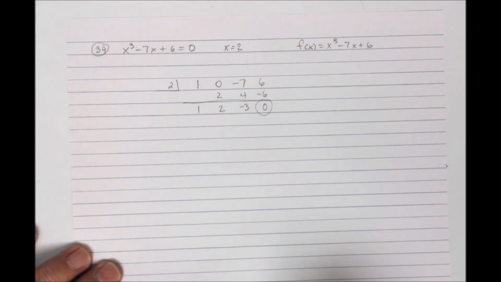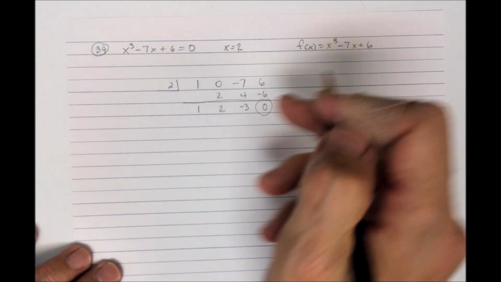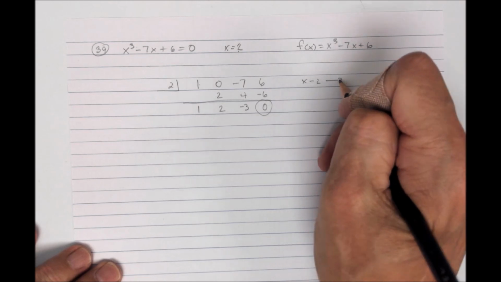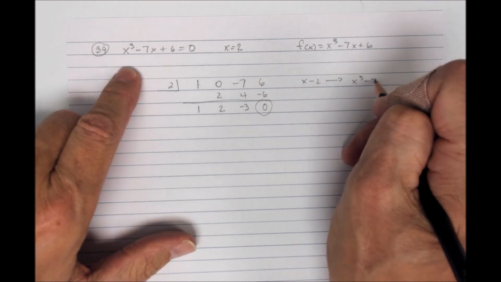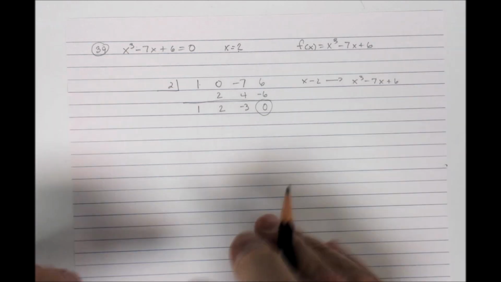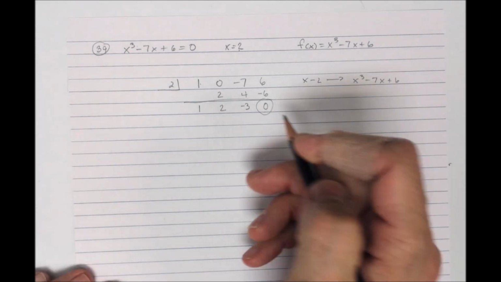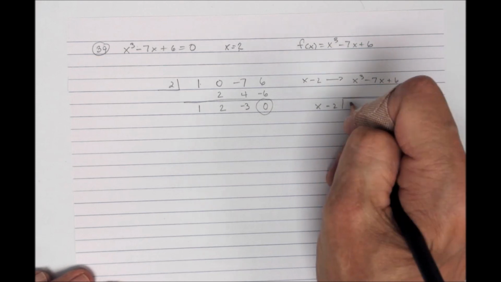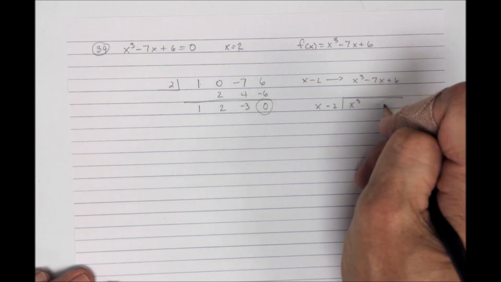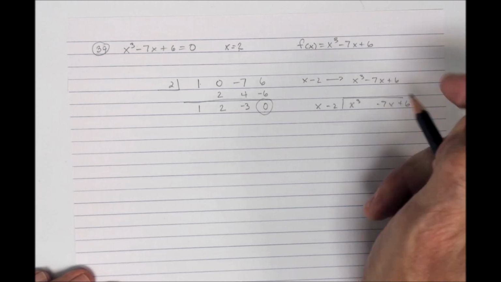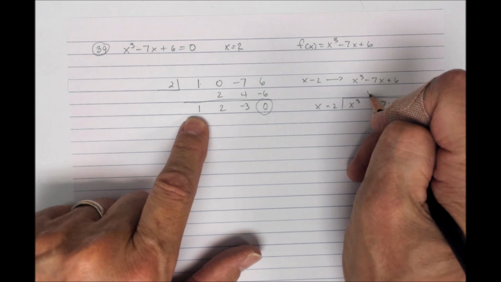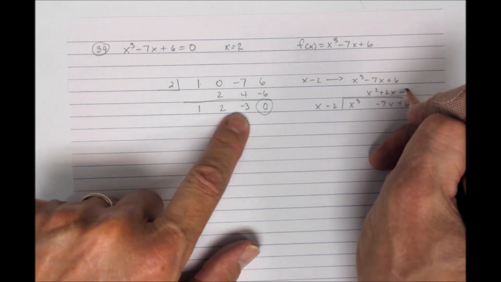Notice that my remainder is 0. What that means is that x minus 2 divides into x to the third minus 7x plus 6 evenly, because the remainder is 0. In fact, if you want to think of it, x minus 2 divided into x to the third minus 7x plus 6 has remainder 0, and the quotient is x squared plus 2x minus 3.